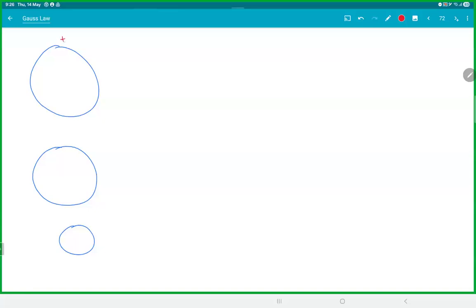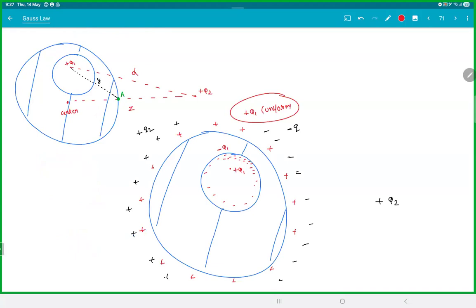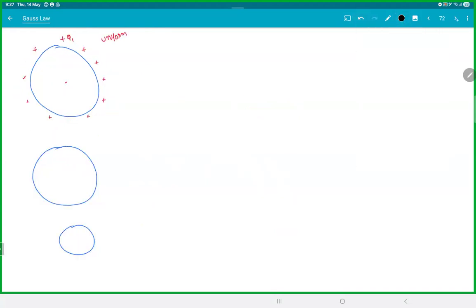So we have one uniform Q1. When you say conductor, it can be divided into three parts. This one, Q1 uniform. And then we have minus Q non-uniform and plus Q non-uniform.